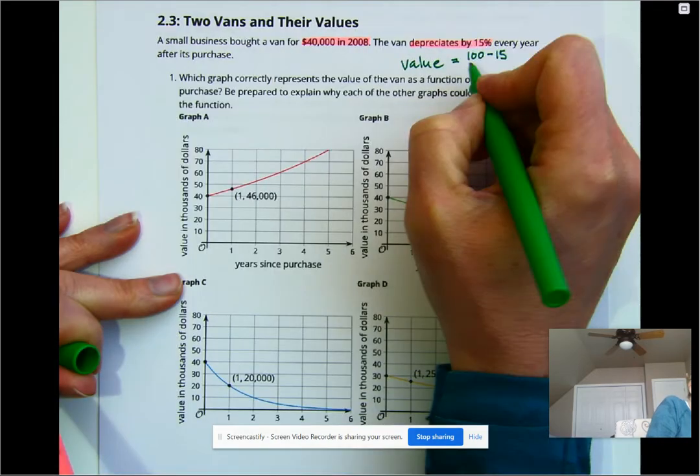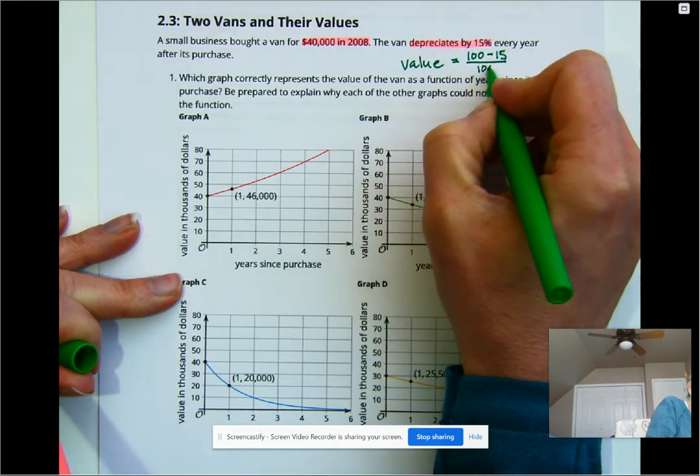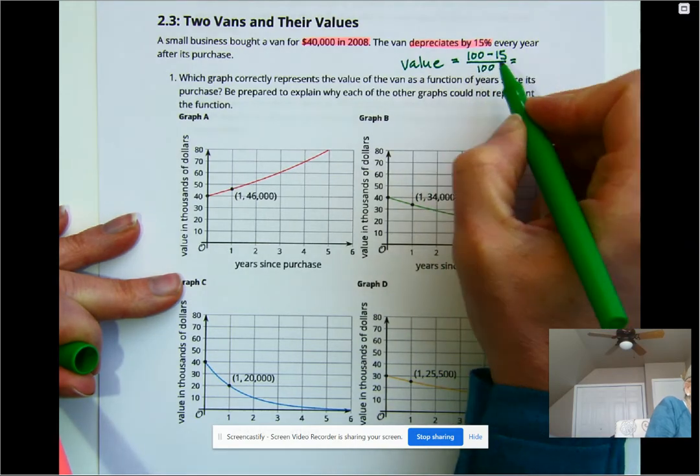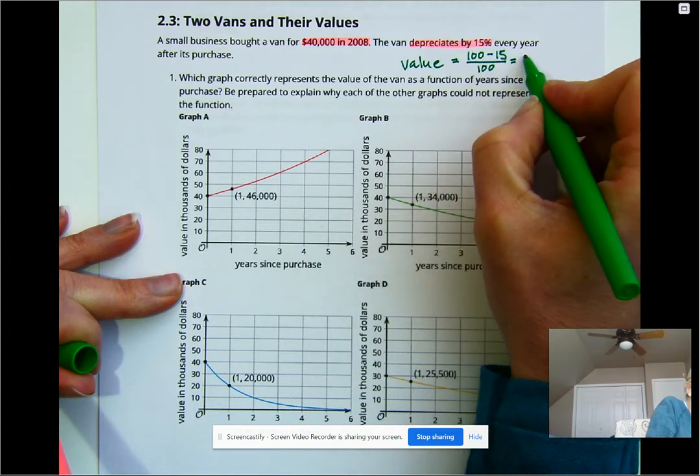And then to have that as a decay factor, we're going to divide by 100 and make it a decimal. So this is 85, and 85 divided by 100 is 0.85.